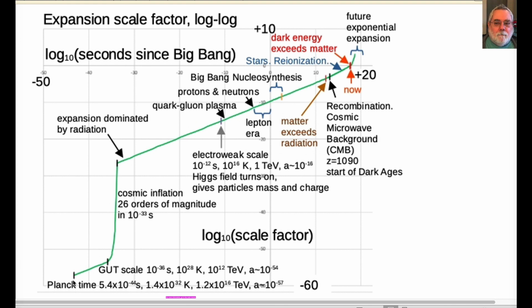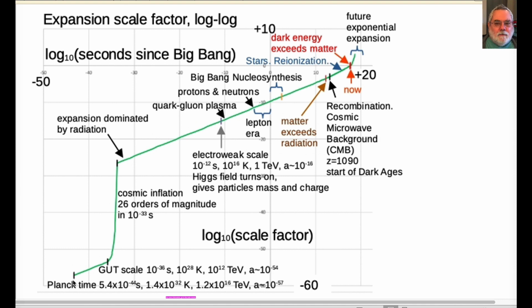At the Planck time, the universe was extremely hot and dense. 10 to the 32 Kelvin temperature, 10 to the 16 tera-electron volts radiation energy.